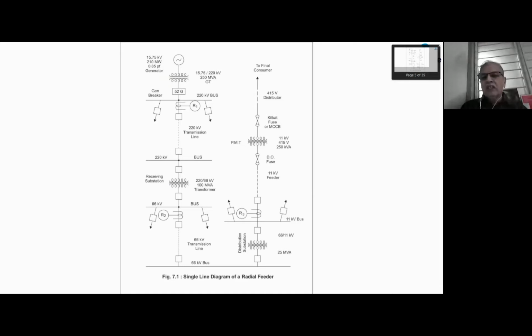We do not use any relays or anything, because a pole mounted transformer is not that costly. The general rule for protection is you cannot spend more than 5 to 10% of the cost of the equipment to be protected. That is, the cost of the protective relaying system should not go beyond usually 10%. So DO fuse and the MCCB are enough to protect PMT.